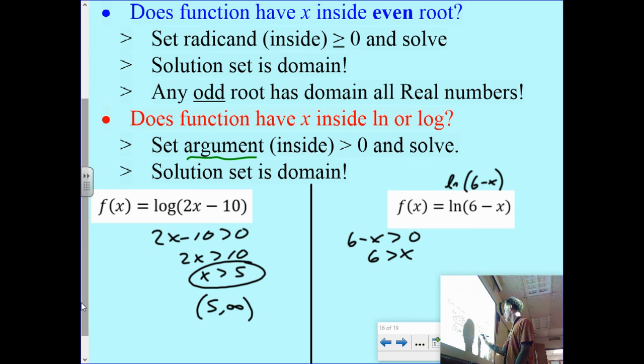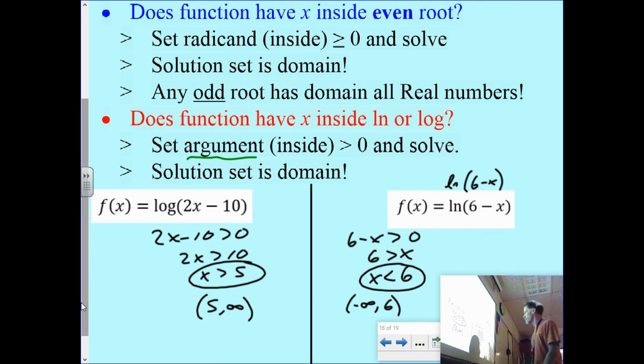So if you do a mirror image, that becomes x is less than 6. By the way, if you leave it as 6 greater than x, I'm going to count it right, because it certainly is. But remember what that means: that's going from negative infinity to 6, and then stop in there.